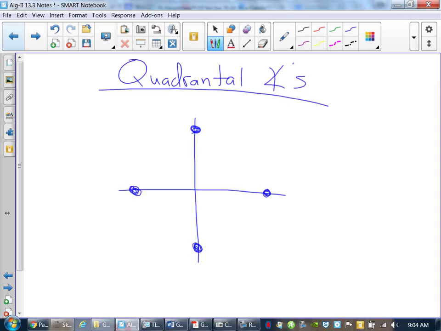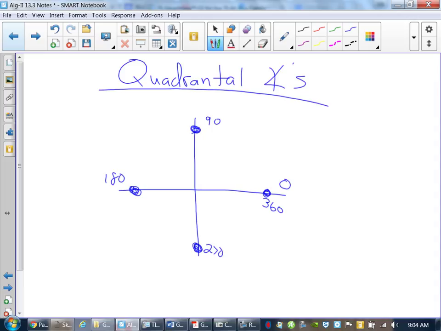Now, when we started marking up that unit circle, we said that this was at 0, 180, came back around to 360, half of 180 was 90, in between here you added that 90 to come back down, we were at 270. Now, what happens when you're on the quadrantals?